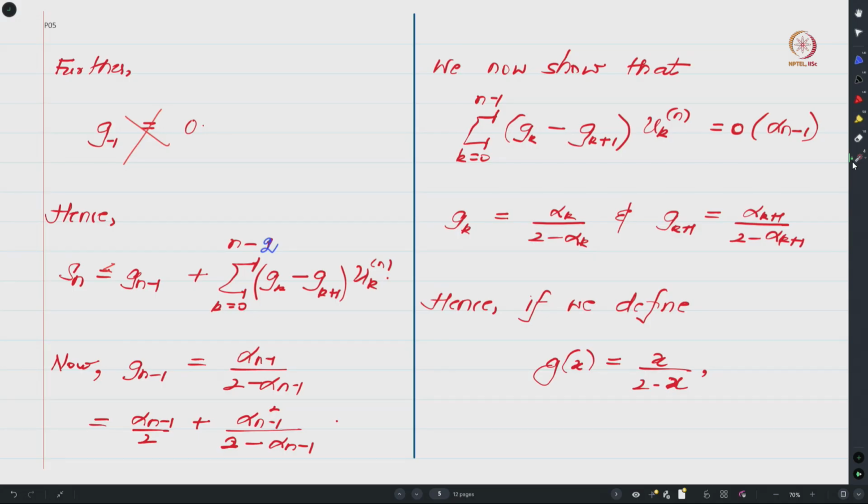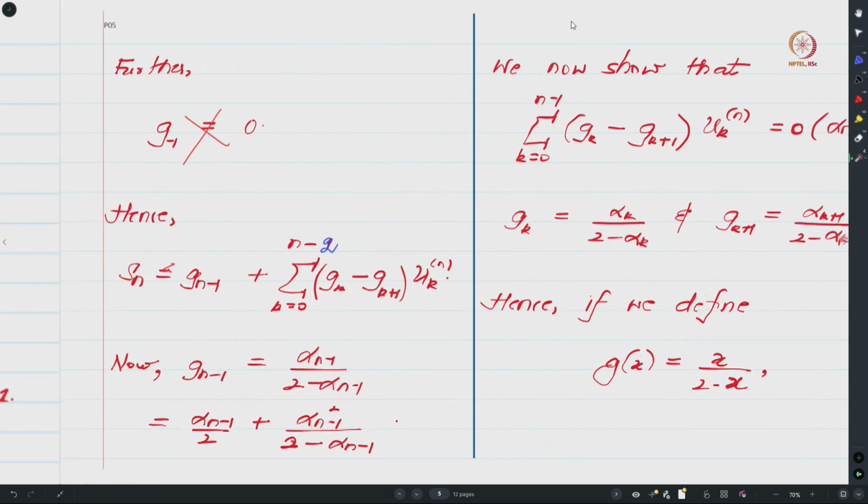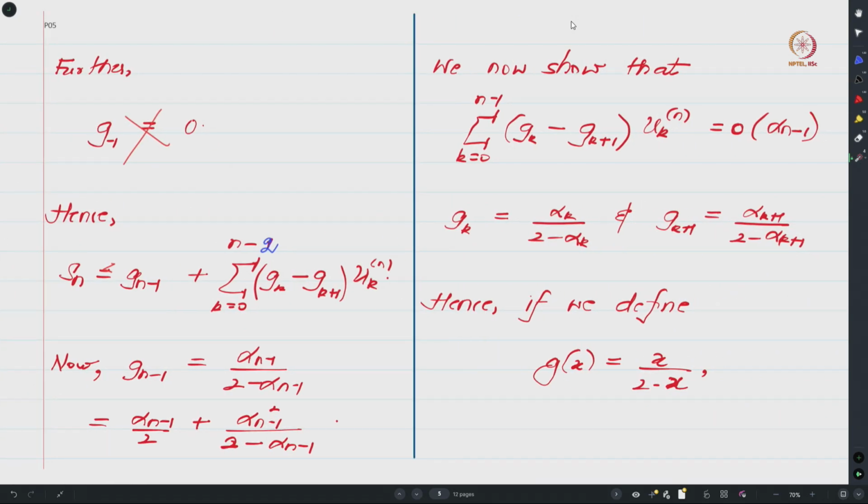Now let's first look at this quantity over here. This quantity, as I told you, is alpha n minus 1 divided by 2 minus alpha n minus 1. This is how we had defined the gk expression, and now we will rewrite this expression by adding and subtracting alpha n minus 1 over 2.